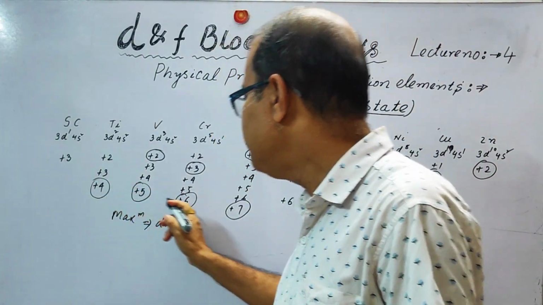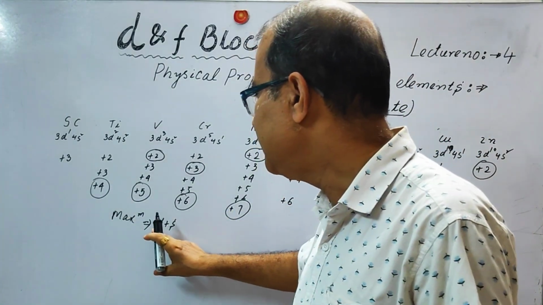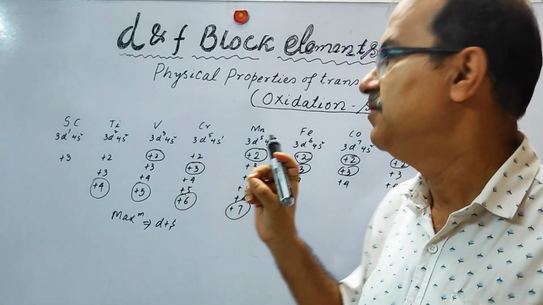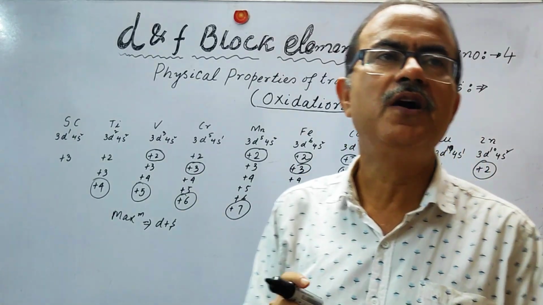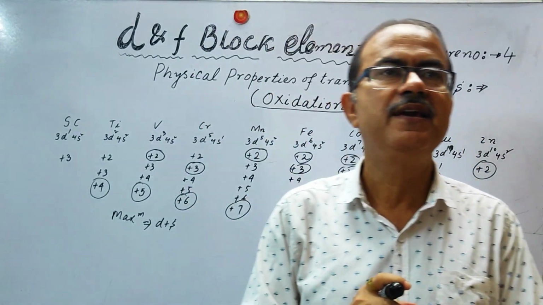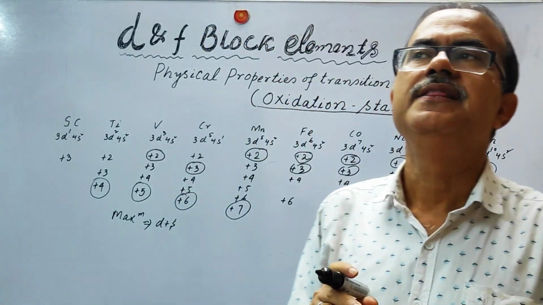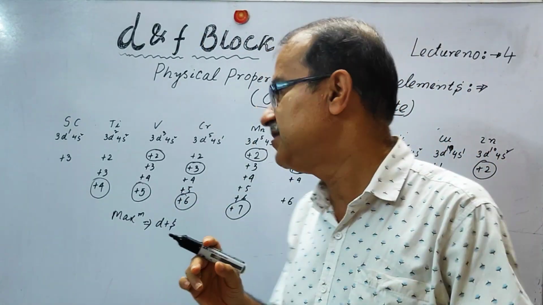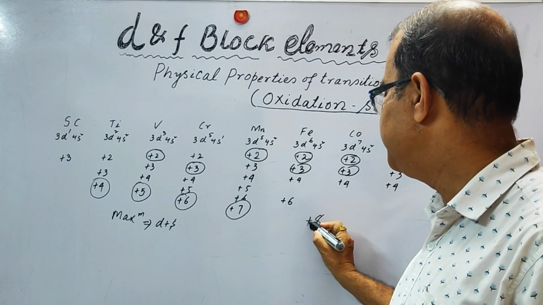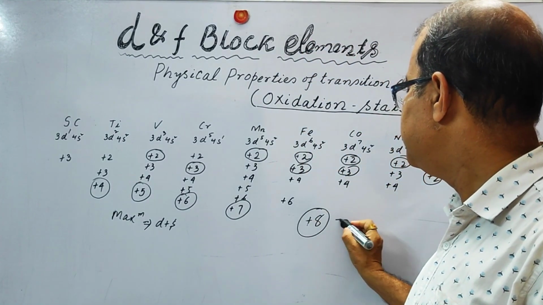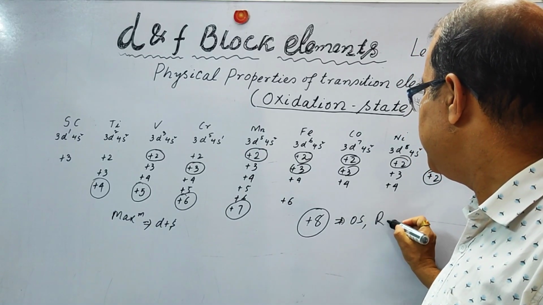And the maximum oxidation state is given by the formula d plus s, d electrons and s electrons. And that is for your information. If we see all the transition elements, the maximum oxidation state observed is +8, and this is for osmium and ruthenium.